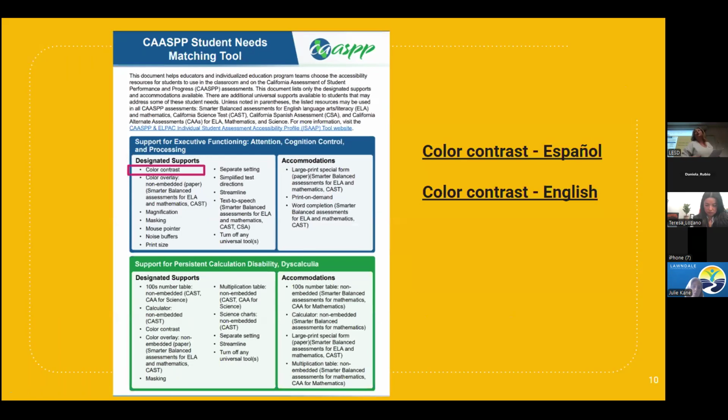You see, like color contrast. Here, you could click on these different things, and it'll give you the different options so that you could see how your child could take this test and get better results. So go through these with your child so that they can be better ready for the test.